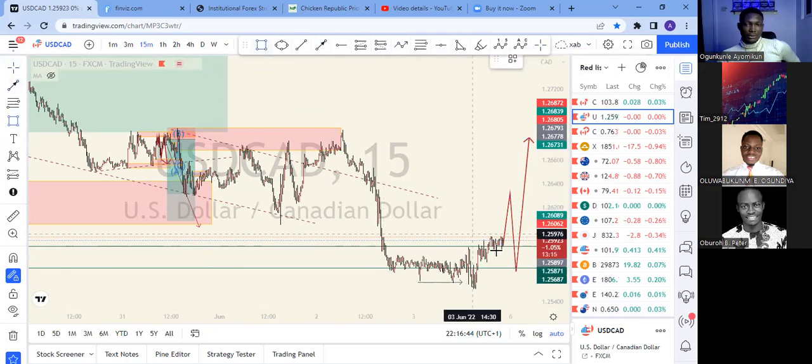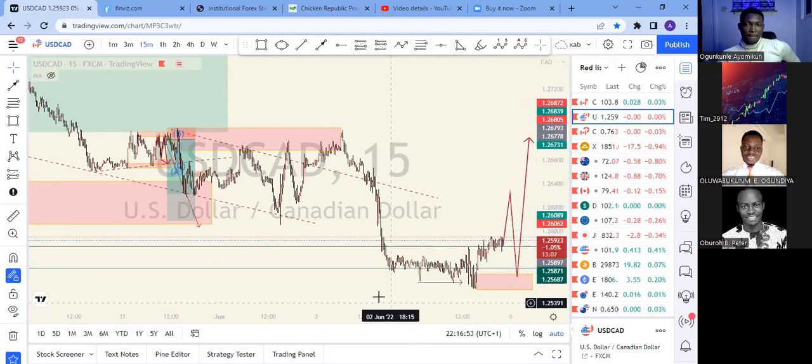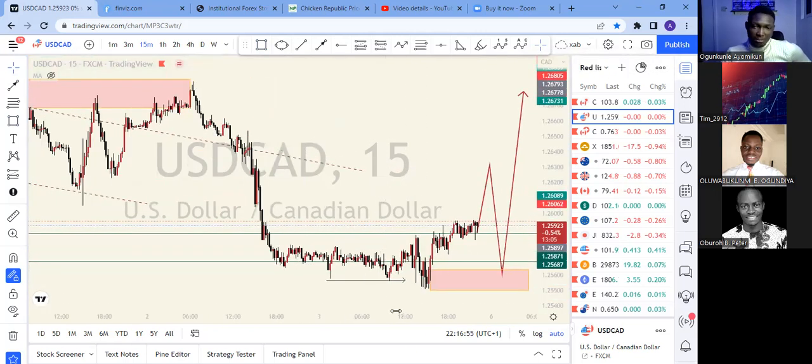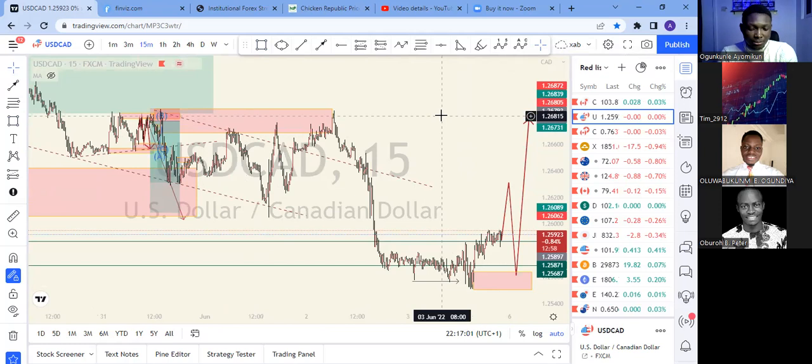All right, something along this line. Okay, so that would be my own preferred entry on USD CAD.